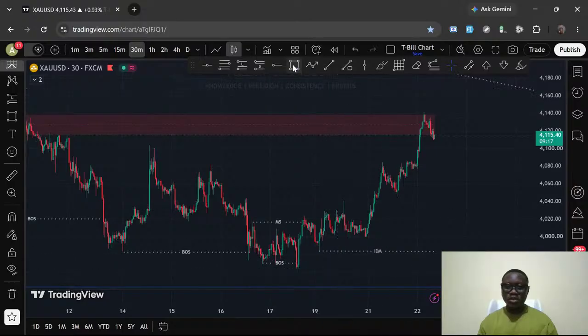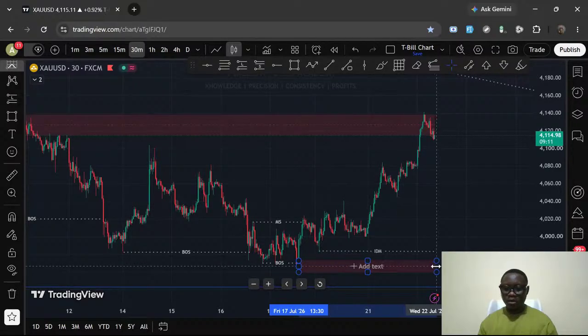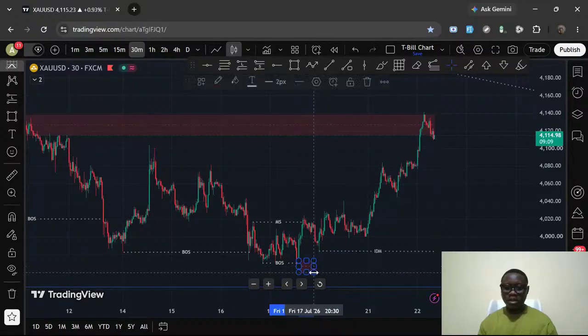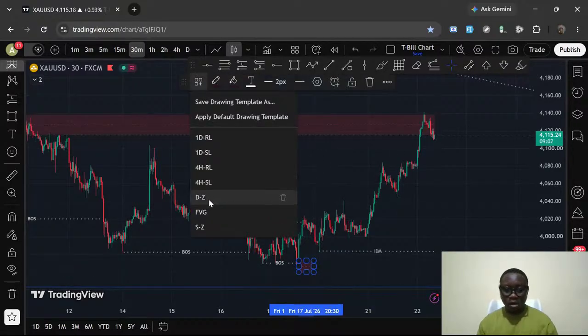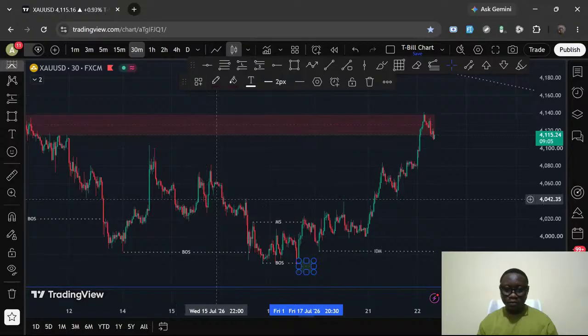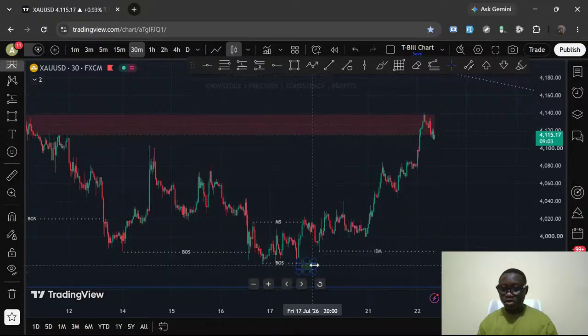This is where you probably want to consider a buy. But again, price has moved far beyond this zone.